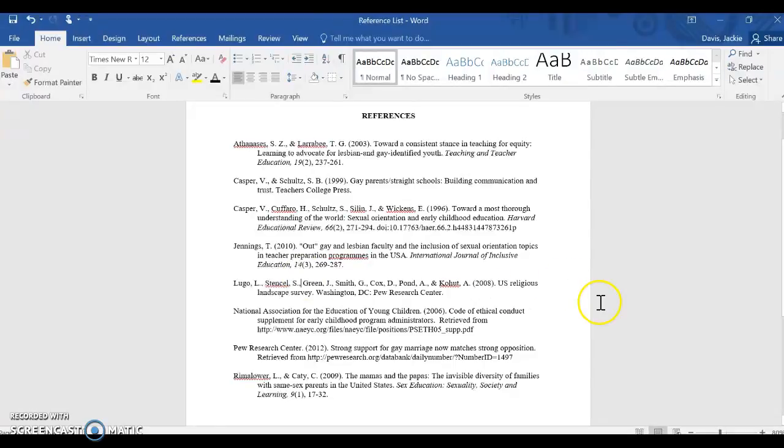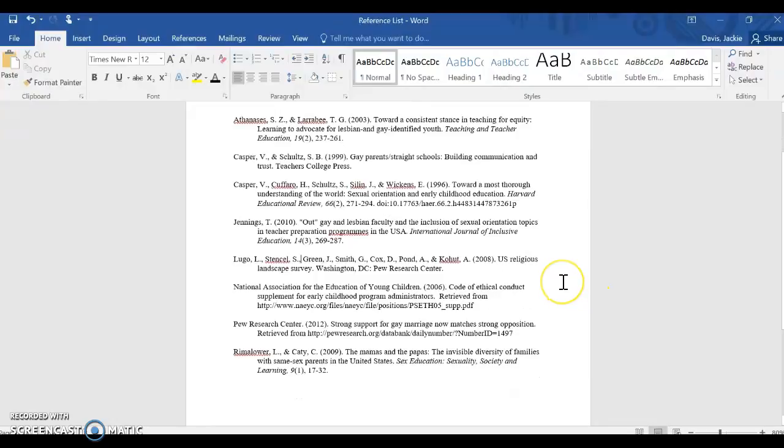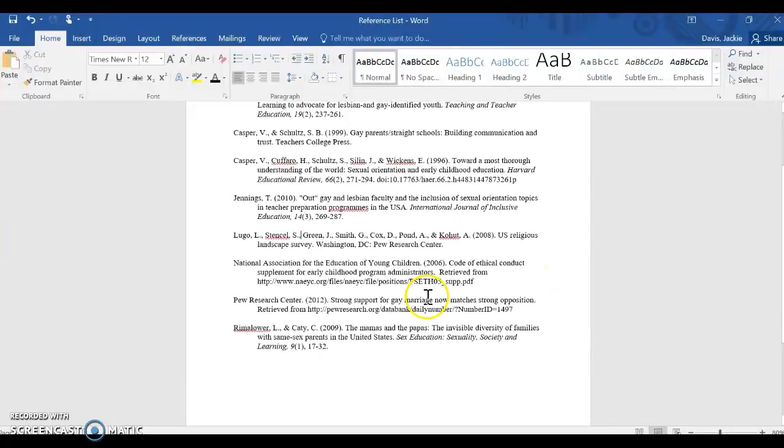Now, there are sometimes that an article that you read is not attributed to a specific author. For example, these next two citations were articles that were published under the name of the association or the entity.